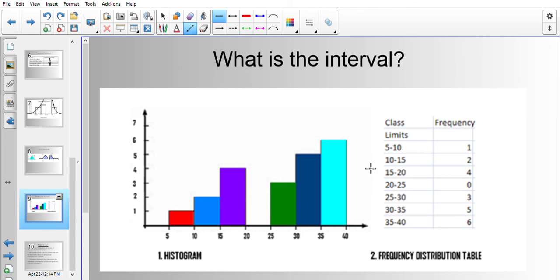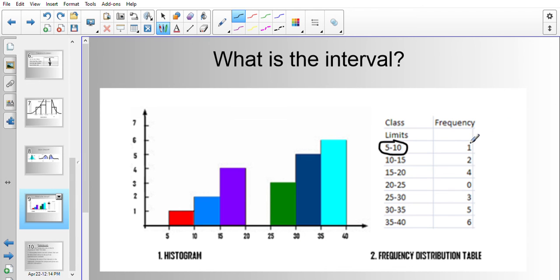So, if we look at this table, our first interval is 5 to 10. And if we notice on our histogram, that first block goes from 5 to 10.